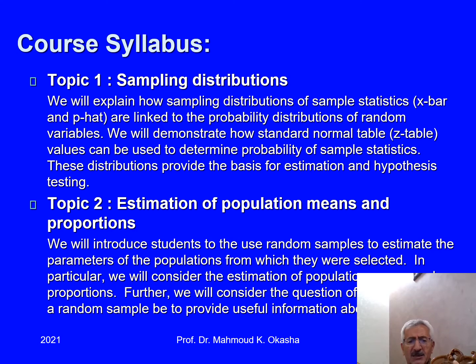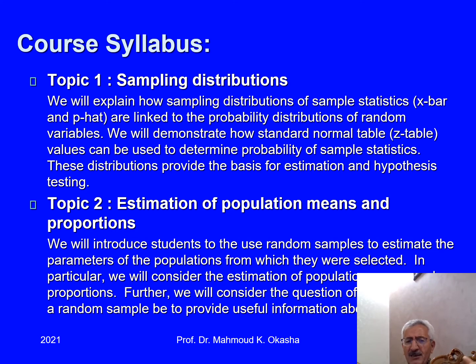The second topic is estimation of the population means and the proportions. We took special cases of the parameters as the means or averages and the proportions, percentages. These are special cases of the parameters.